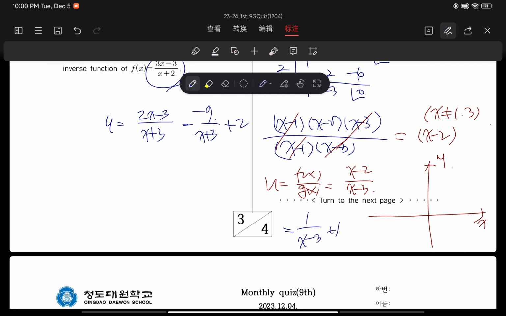Okay, so here's 3 asymptote, and here's 1 asymptote, and pass through the 0, 2 over 3, and here is 2.